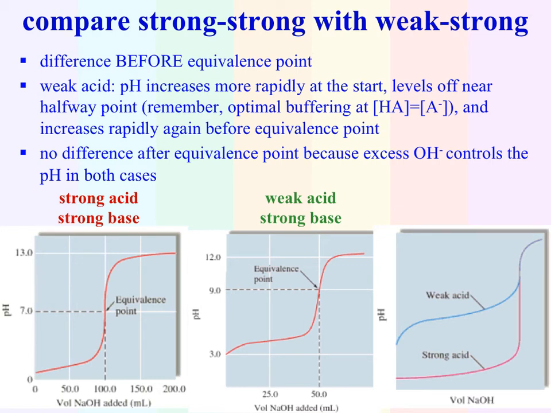And then we expect it to increase very rapidly again right before the equivalence point because we've gone past any buffering capacity. For the point past the equivalence point, the change is going to be pretty drastic for both, because at that point you're just adding a bunch of strong base to the solution. So that excess hydroxide ion concentration is really what's going to be dictating it.